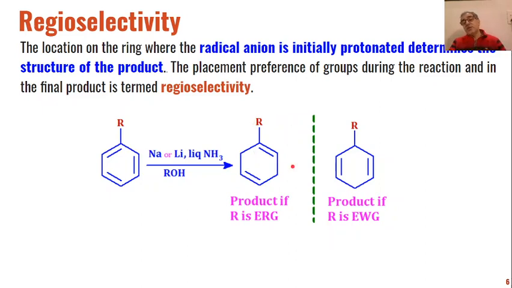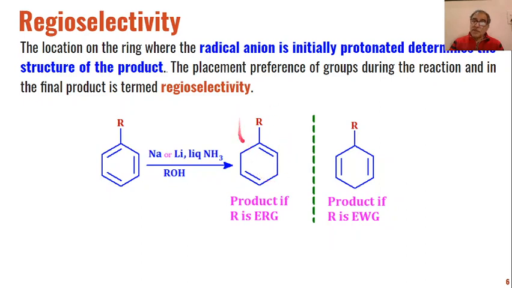So this is how we can differentiate between the Birch reduction in case of electron releasing or electron withdrawing group, and such a situation is called regioselectivity, because the product formed is placement specific. So that placement preference of groups during the reaction and in the final product is termed regioselectivity.